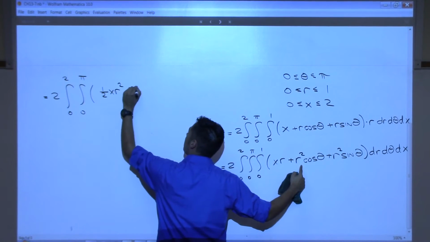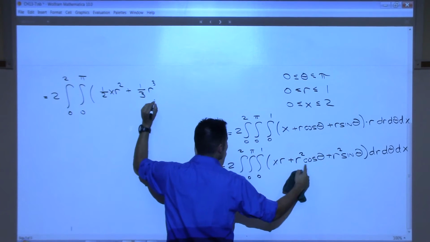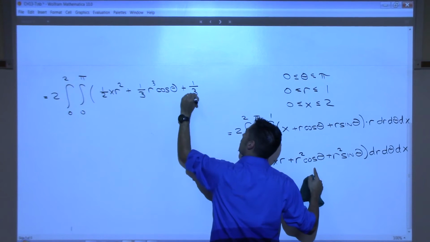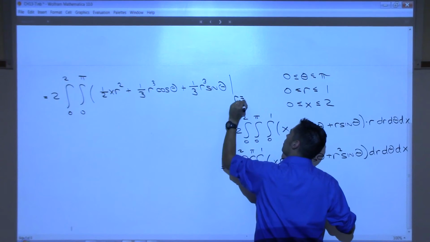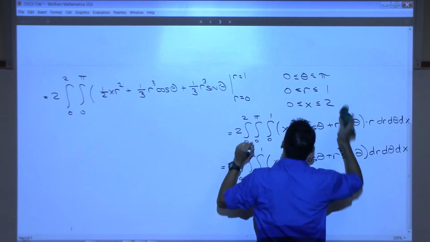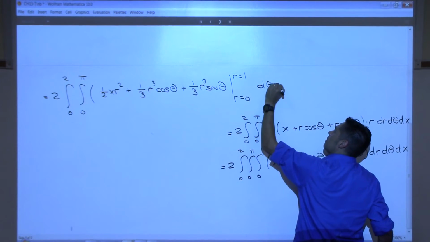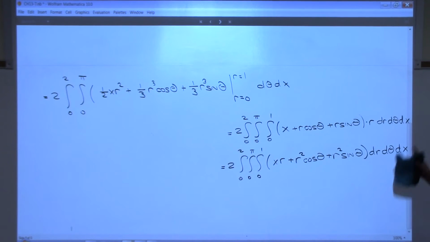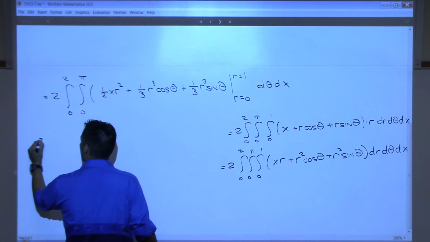Antiderivative here, 1/3 r cubed cosine theta plus the same thing, 1/3 r cubed sine theta. Evaluating r equals 0 to r equals 1. And I still have out here d theta dx, right? When we plug in 1 for r, we're going to get some stuff. When we plug in 0 for r, everything goes away.